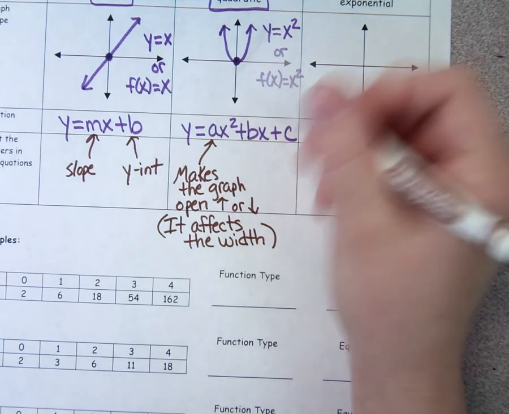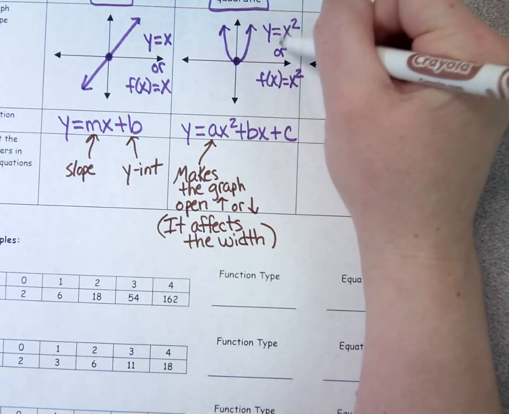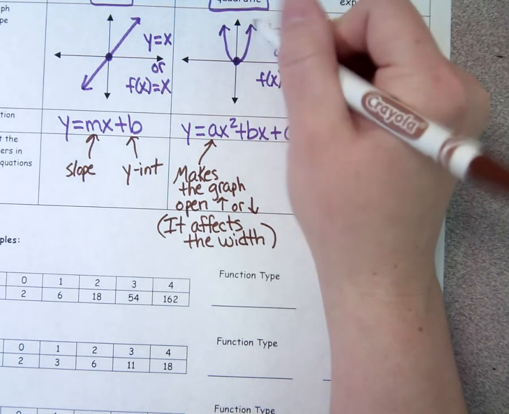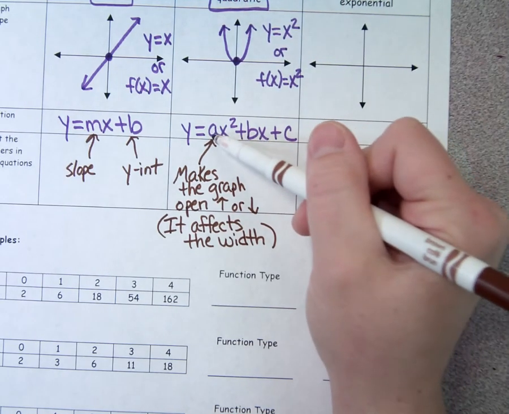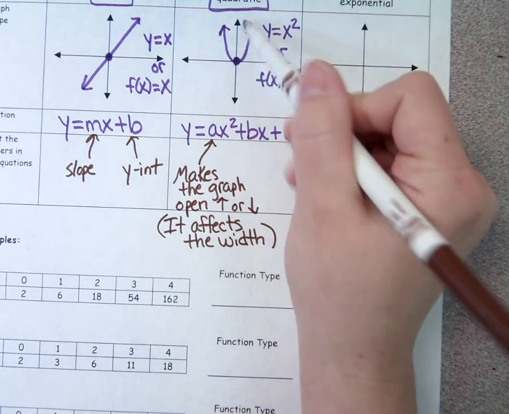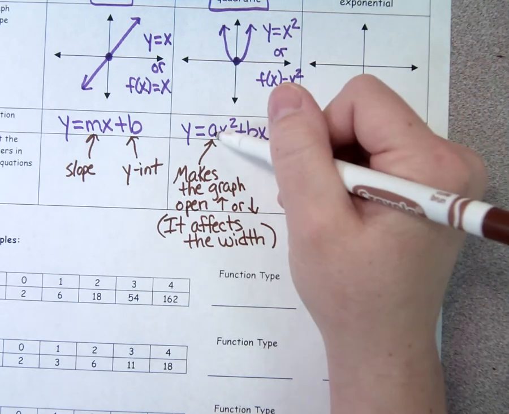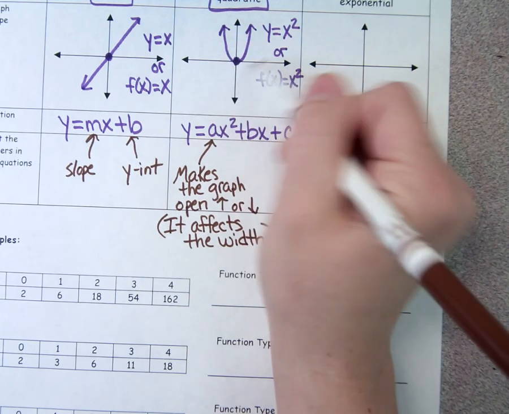If A is a positive number, the graph will open upwards. Like in our quadratic parent, the A is a positive 1, which is why the graph opens upward. And we've also learned that the bigger the A, the skinnier the graph, the more narrow the graph. And the smaller the A, like a 1/4, a 1/8, a 1/16, the wider the graph.